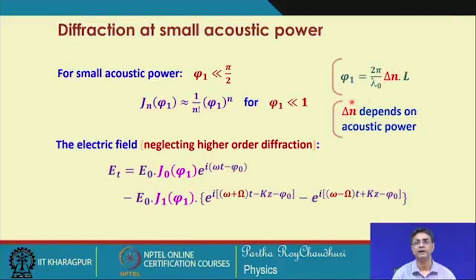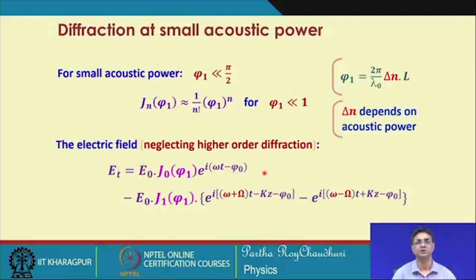By changing this acoustic power, we can actually change this phi. They are proportional. So, if you bring down the acoustic power to a small value, then we can achieve this condition, and in that case we can neglect the higher order diffraction terms.